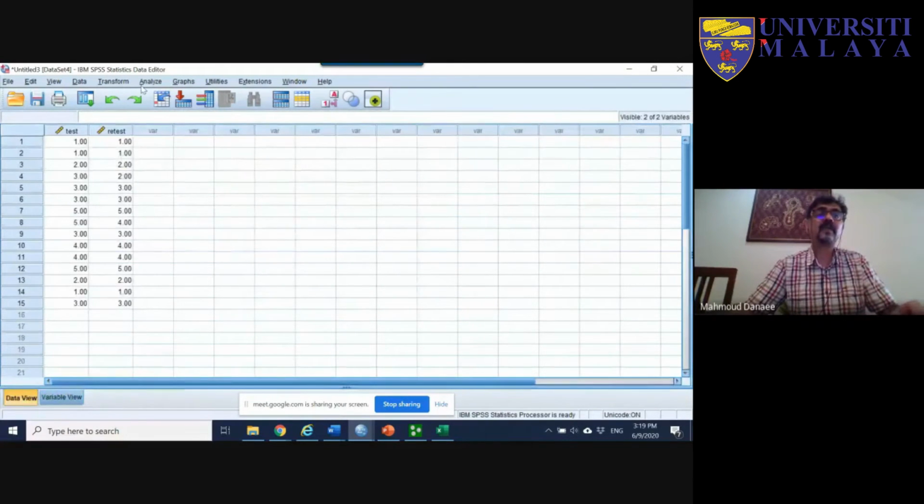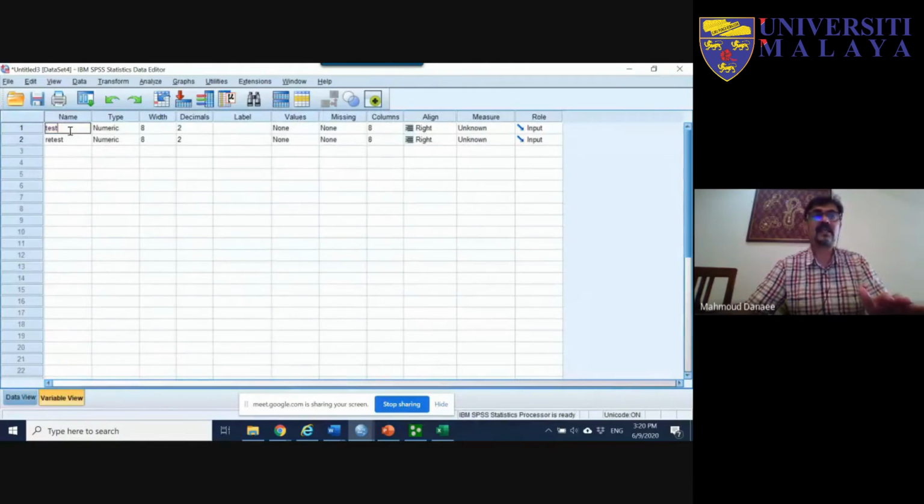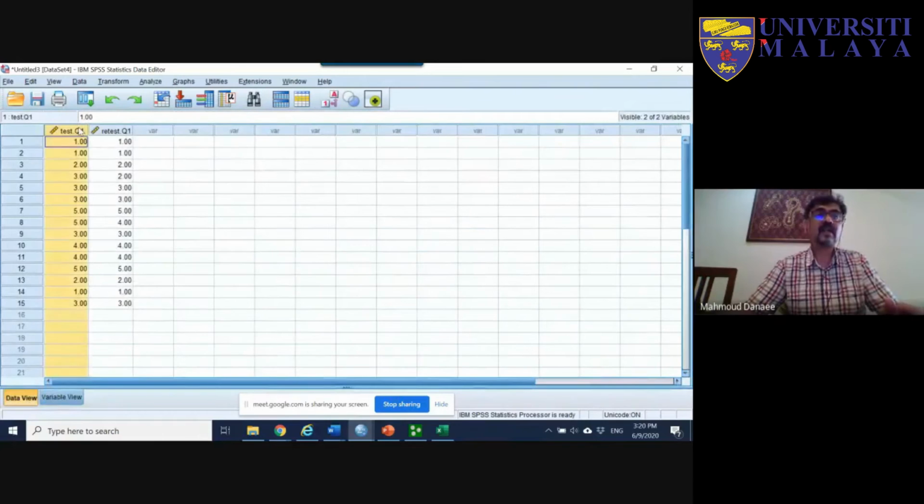So what we need to do for each item, suppose that your questionnaire has 5 items and this is question number 1, Q1, and this is also Q1. Remember, these are the same measurement from the same subject, just repeated after 1 week or 2 weeks.